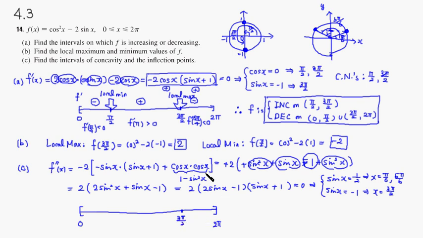Then you have pi over 6, so something right here, and also 5 pi over 6, so somewhere around here.